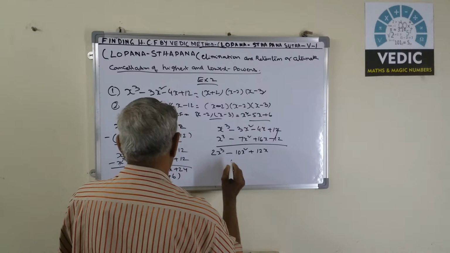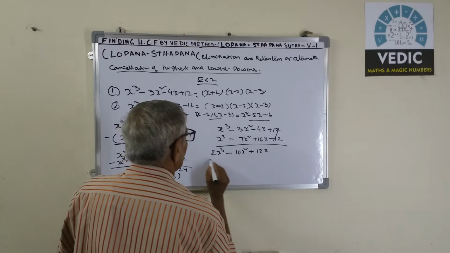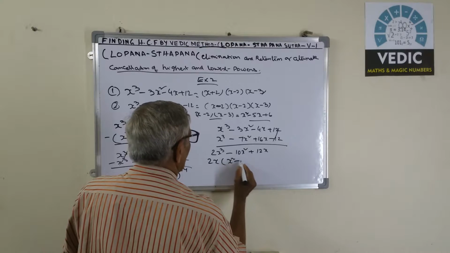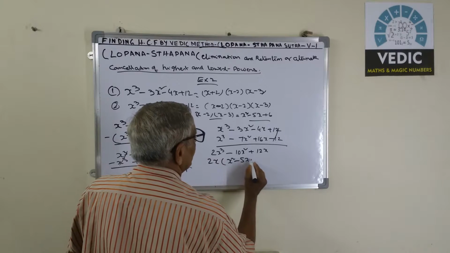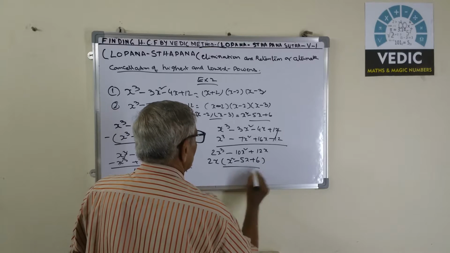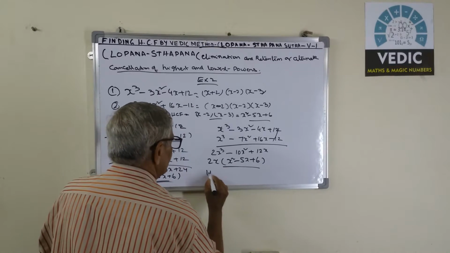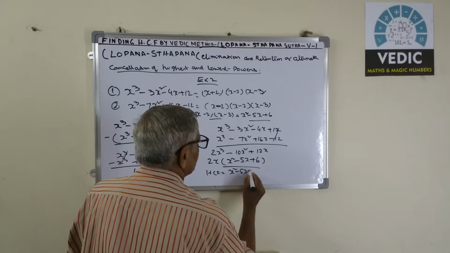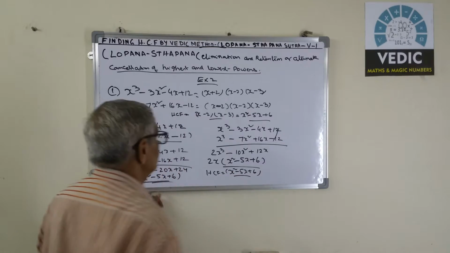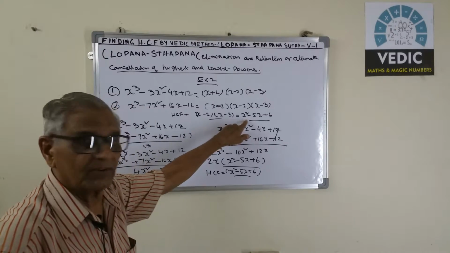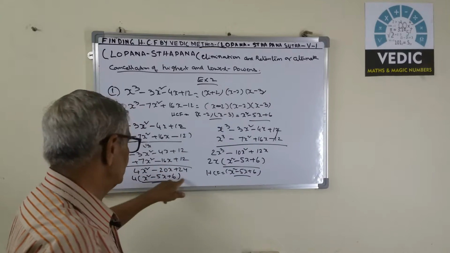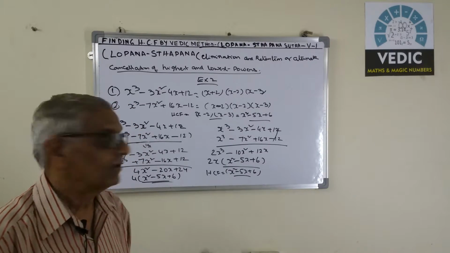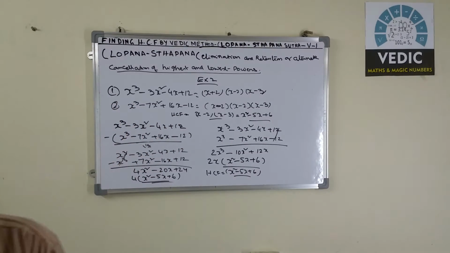Now let us take 2x as common, that is x square minus 5x plus 6. So this is the H.C.F. Friends, with these two methods also we have got x square minus 5x plus 6. This is the H.C.F for these equations.